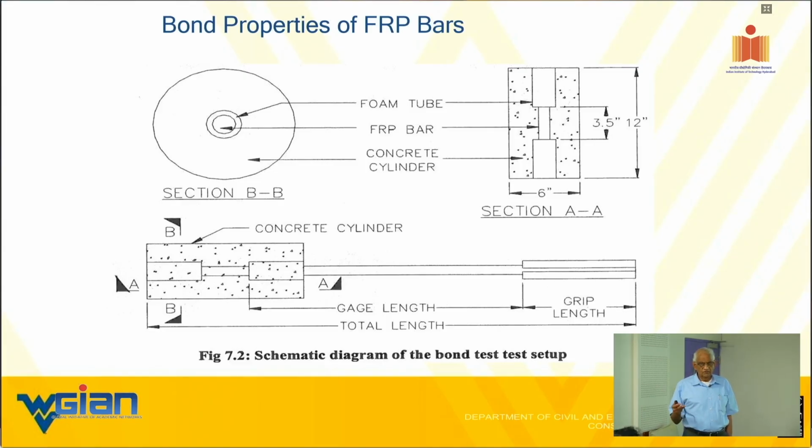And how do you find the bond stress? Common sense tells you right off the bat, what am I going to do? Whatever the force I get by pulling out that bar, you see, this is the concrete environment. Here is the bar. I put special grip. I'm going to pull it out at that point while this is in a fixed platen.